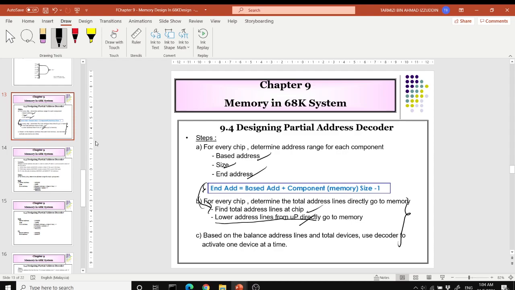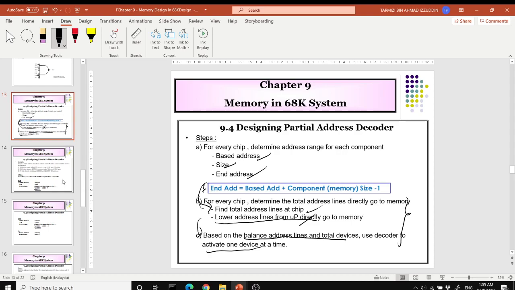The lower address lines go to the memory, and then lastly, based on the balance address line, total devices, we're going to use a decoder to activate one device at a time. So these are the steps required for you to use a partial address decoder scheme.